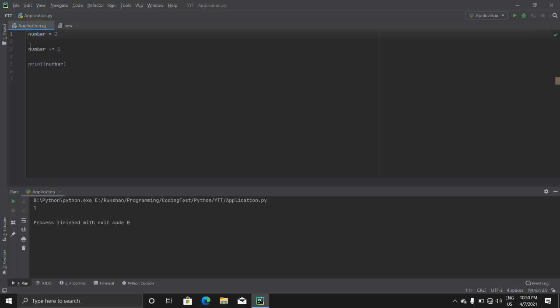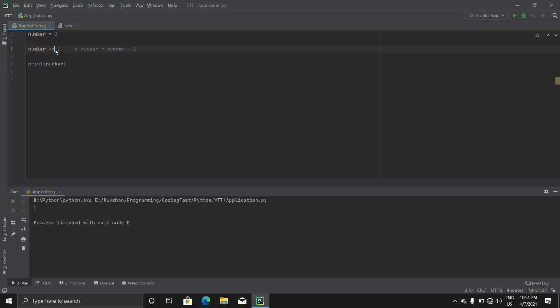Now what this does is it takes the number variable, subtracts one from the number variable and stores that back in the number variable. Now this is equal to this expression, number equals number minus 1, right? This is the long way to do this. This is the short way to do this.